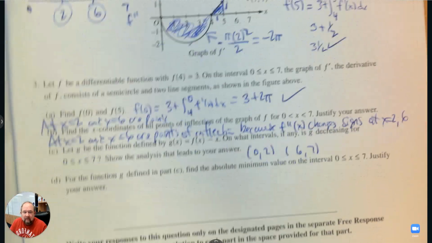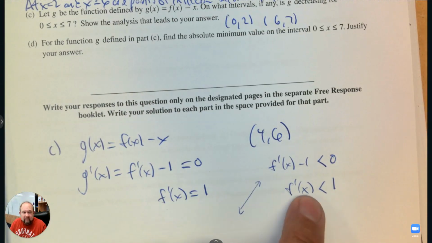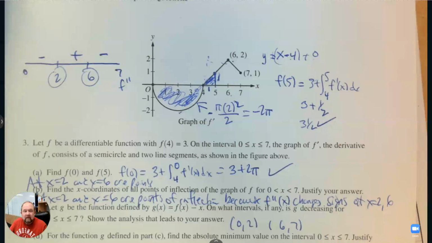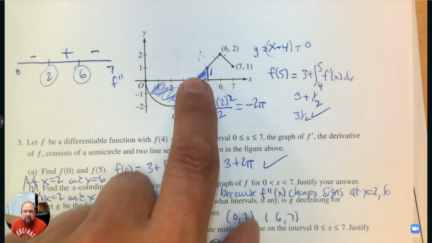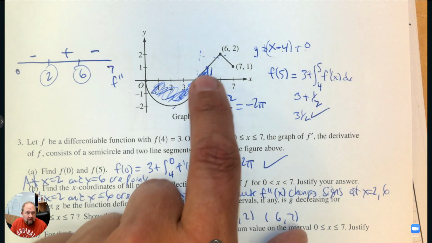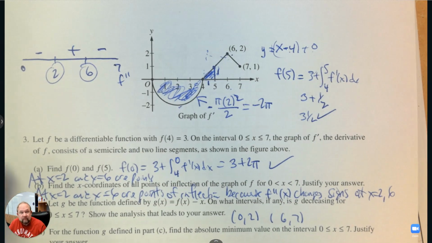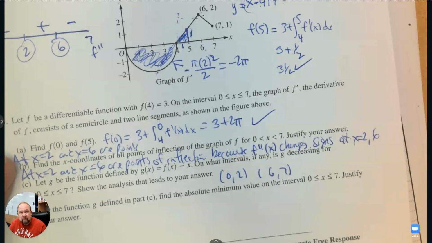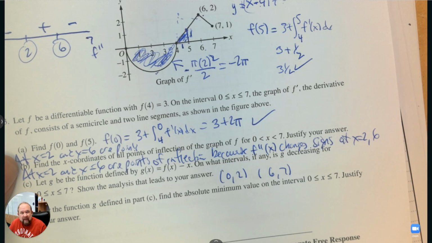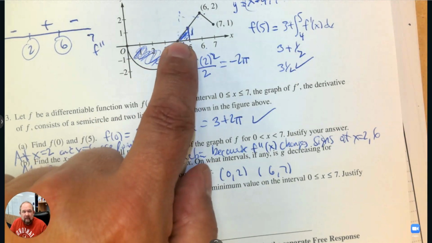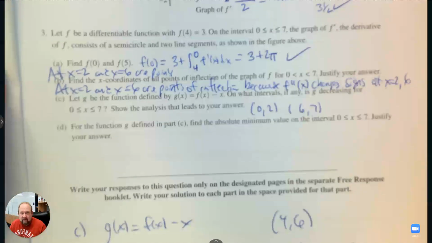That's where the derivative is less than 1. Everywhere else it's positive, again more than 1. And if I look here, yeah, anyways, I'm going to go with it.